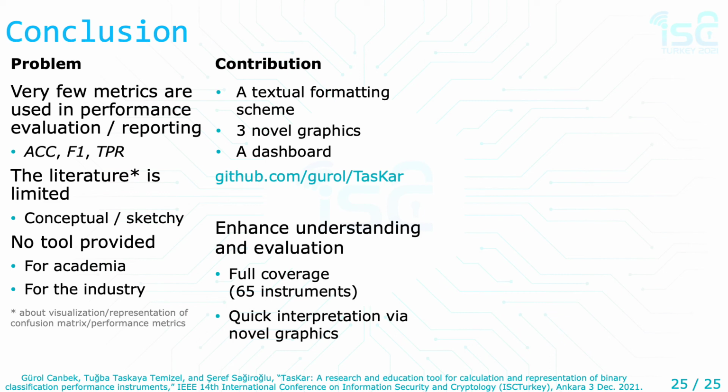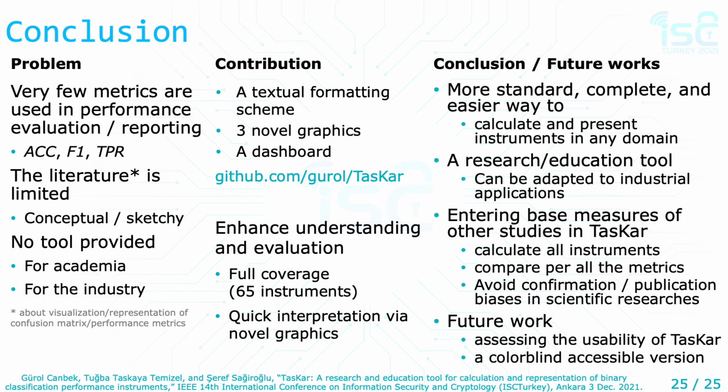It is expected that the research community and industry practitioners embrace the proposed schema to meet a common performance evaluation and reporting method and find TasKar useful by making their decisions faster, accurate, and more objective in a wider perspective, specifically free from confirmation and publication biases.